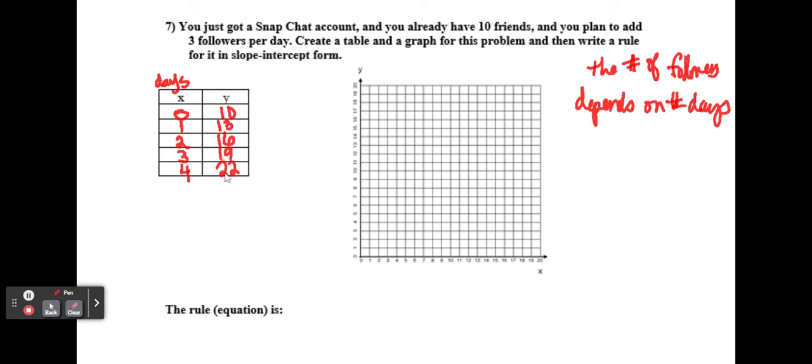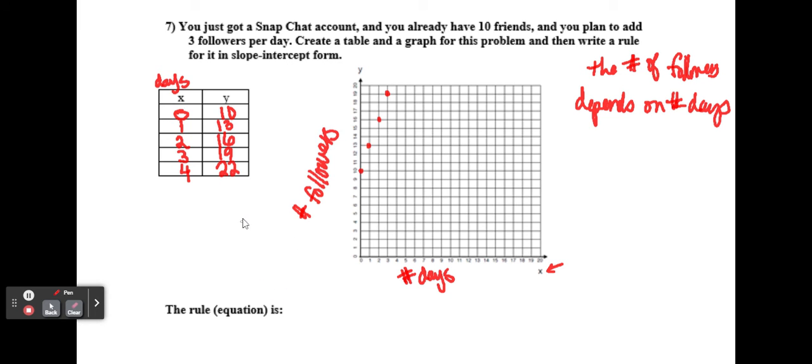So when I graph this, these are my points: 0, 10; 1, 13; 2, 16; 3, 19. And some of you asked about this because the 4 goes off the graph. So if you only graph those points, that's fine. These are the number of days, because that's the independent variable, or the x, and these are the number of followers or friends.